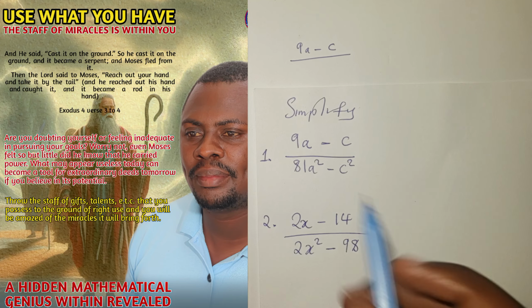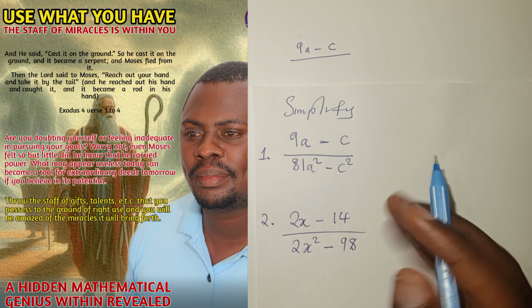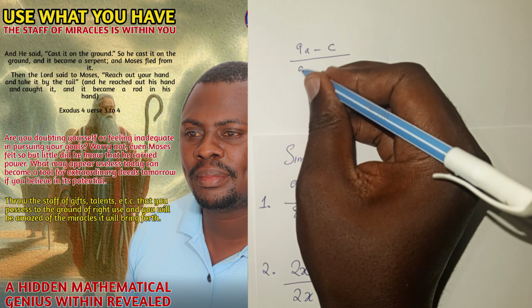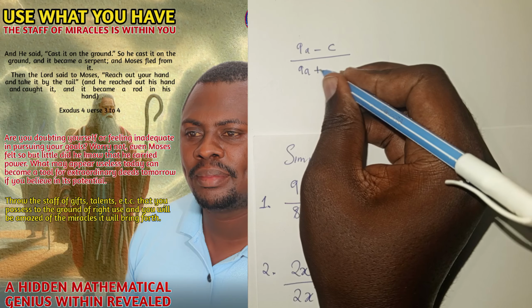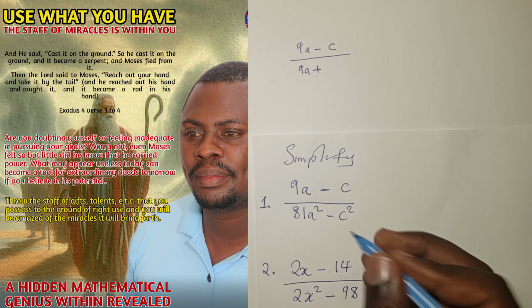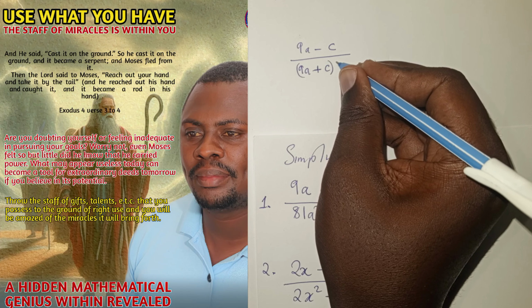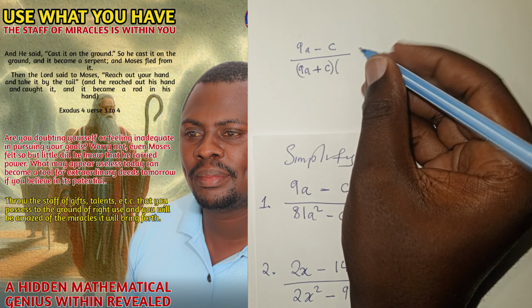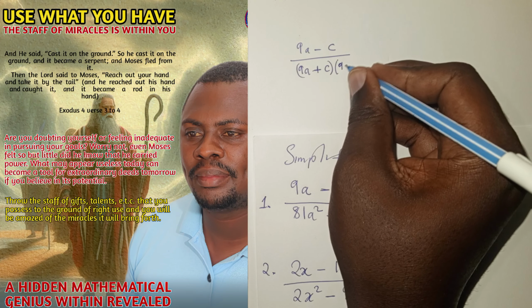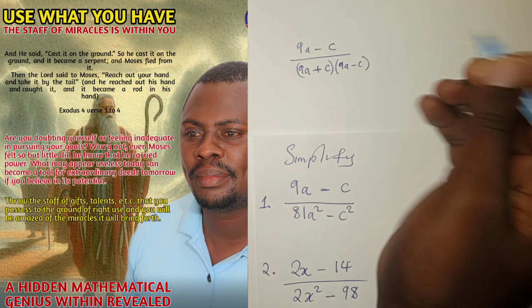So you say the square root of 81a squared is 9a. So we are going to have 9a plus the square root of c squared is c. So 9a plus c. Then you repeat the same thing, but with a minus in between. So 9a minus c.